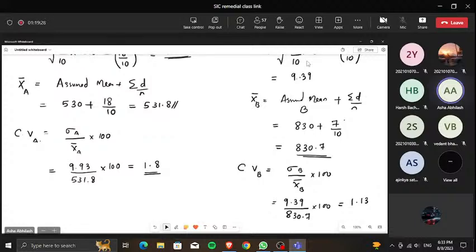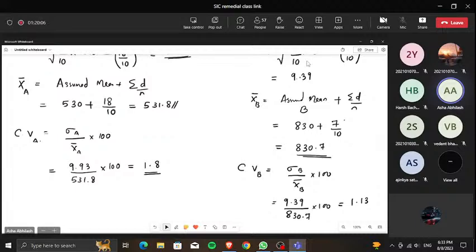Now, how can you identify which group has greater variability, or which group is less consistent? Whose variance is more, its consistency is less, and whose variance is less, its consistency is more. So here we can say that the coefficient of variation of group A is 1.8 and of group B is 1.13.